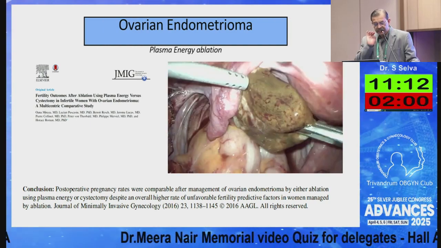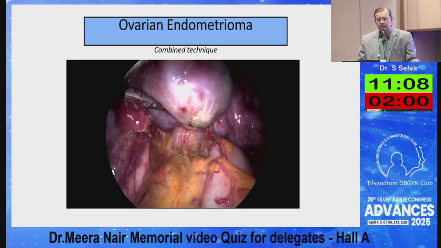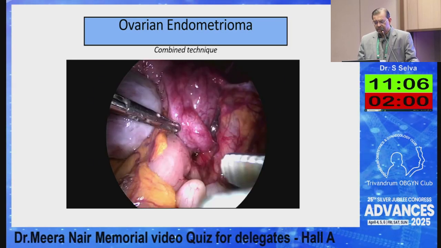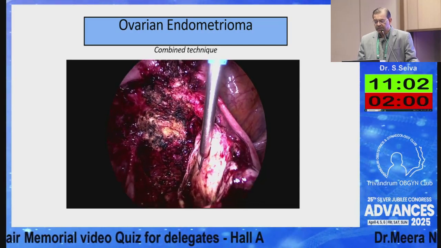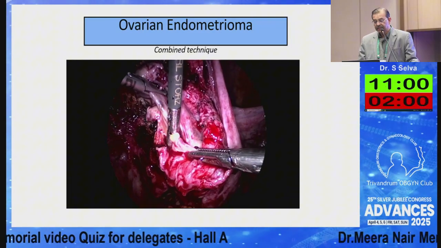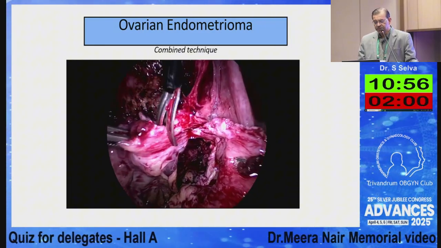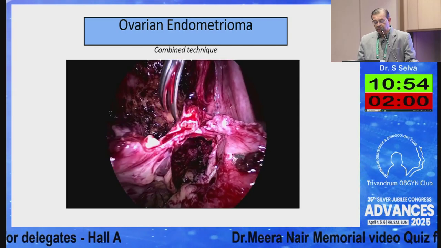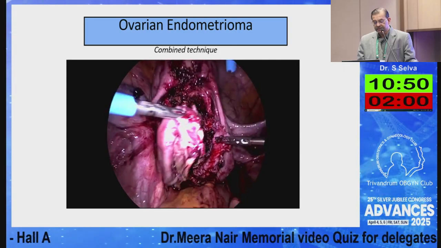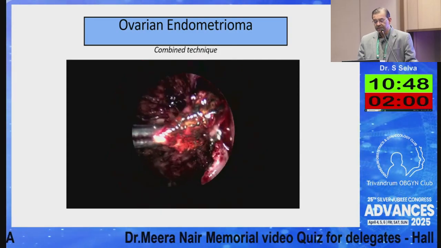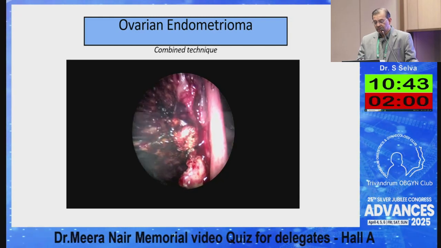Okay, the next one is a combined technique. This combined technique was actually proposed by Jacques Donnet. We do the cystectomy similarly, but we will leave a certain portion of the cyst wall at the hilum, and then the cyst wall is taken, and this area that we didn't remove will be ablated using a laser.